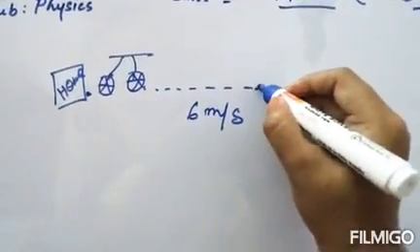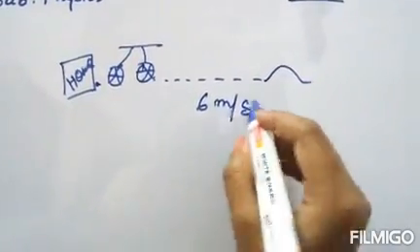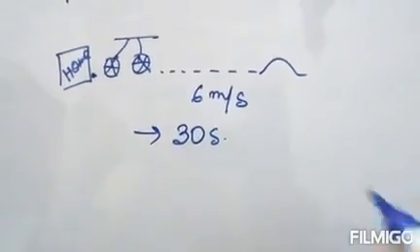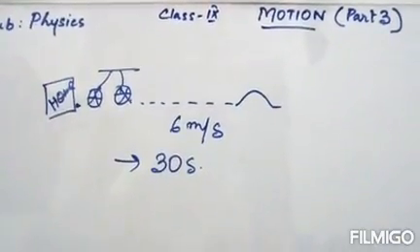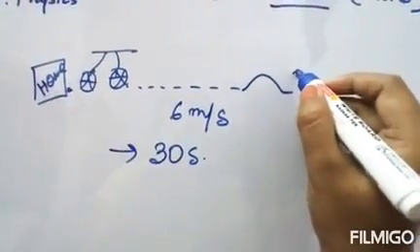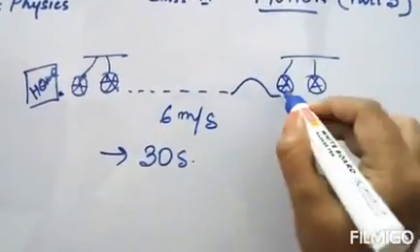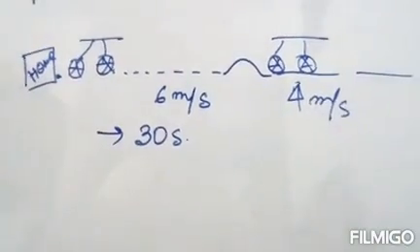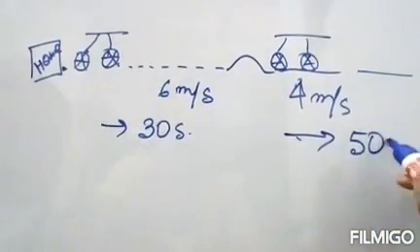You are moving with this velocity for 30 seconds, and suddenly you got a bumper and you slowed down your speed, and your speed now comes to, let it be, 4 meter per second. With this speed you are moving for 50 seconds.